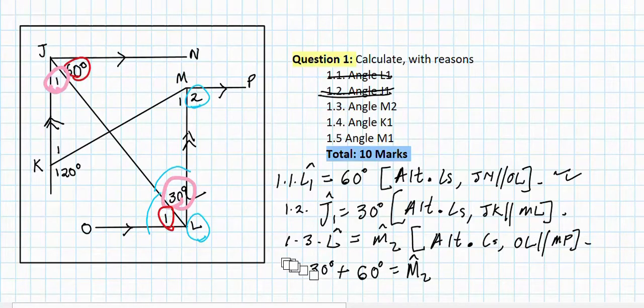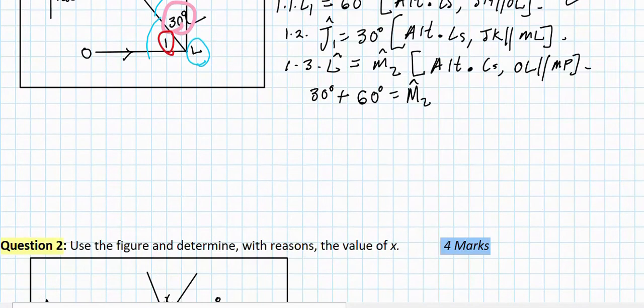So this 30 degrees and this 60 degrees is equal to the whole of angle L, and the whole of angle L is equal to M2. To simplify, what is 30 degrees plus 60 degrees? That is 90 degrees.